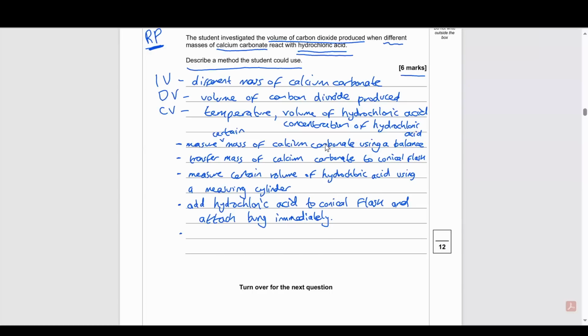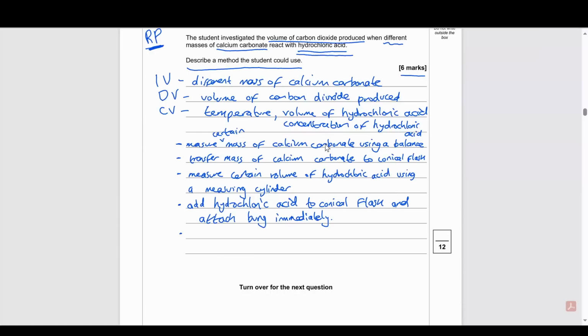Now, at this point, there are two things that we could do. We could A, wait for the gas syringe to reach a specific volume, and then we stop, or we leave the gas syringe for a certain amount of time and then record the volume of gas that's produced in that time.